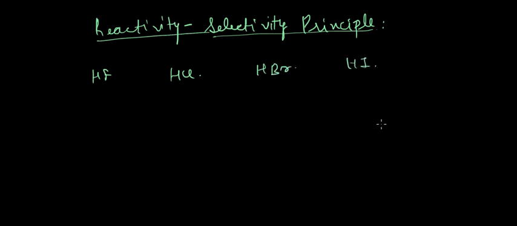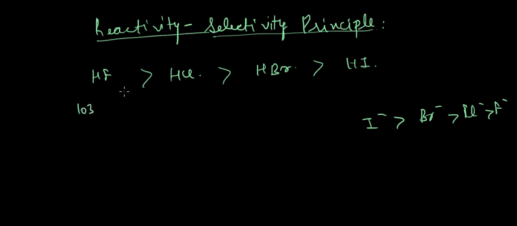So obviously, as you know, I minus is more stable than Br minus, which is more stable than Cl minus, which is more stable than F minus. Okay, so hence, as it is more stable, its bond energy would be least, because it would have a tendency to break its bond and convert itself into I minus, which would be the highly stable anion. Okay, so obviously the bond energy of HI would be the least. Just for the factual purpose, bond energy of HF is 103 kilocalorie per mole, and for HBr is 81 kilocalorie per mole.